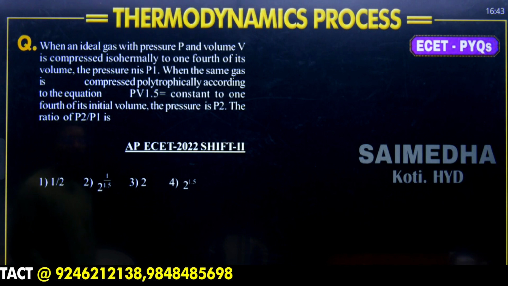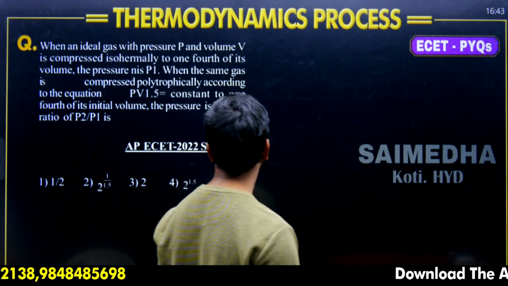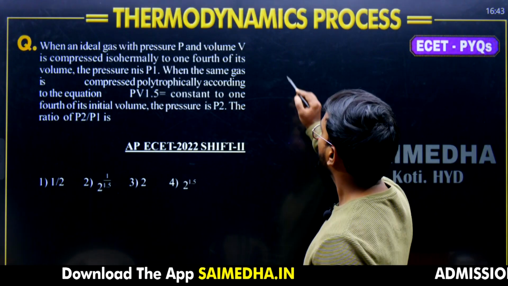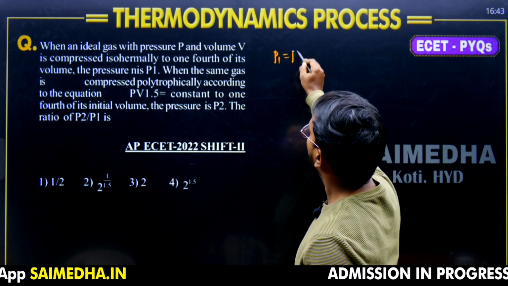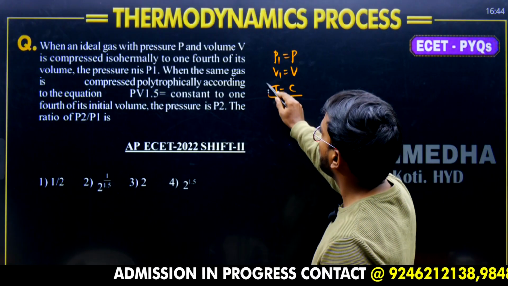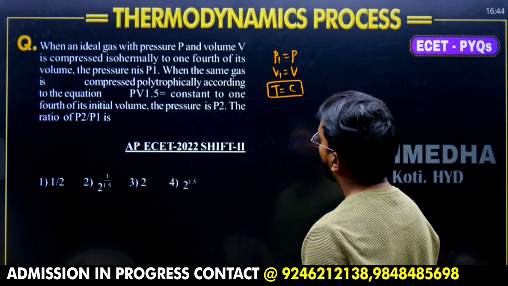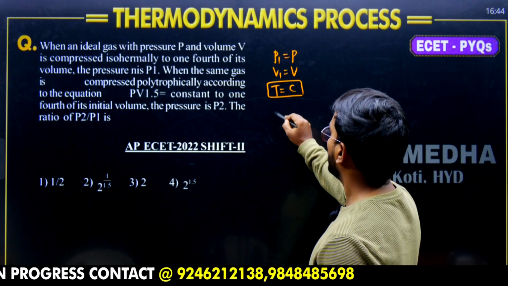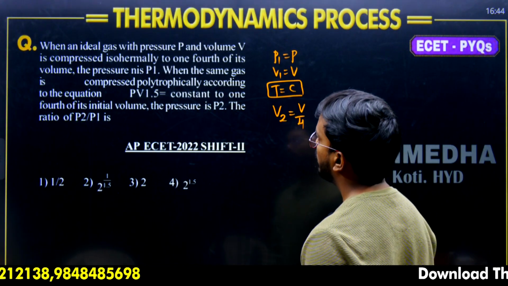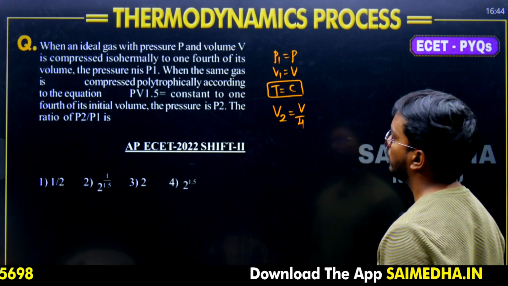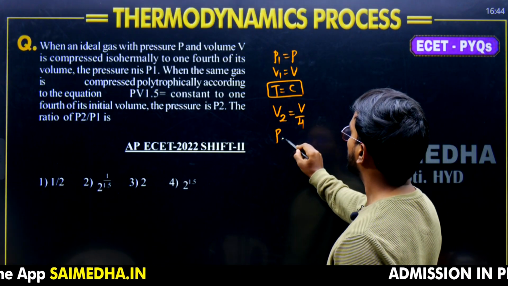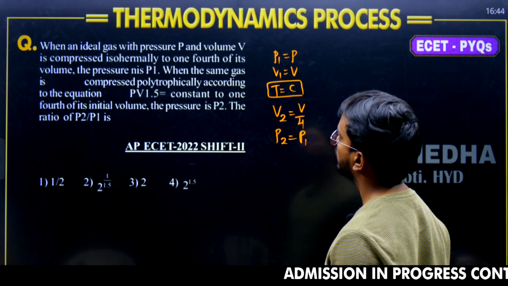The next question given on the board is: when an ideal gas with pressure P, volume V is compressed isothermally to 1/4 of its volume, P1 is equal to P, V1 is equal to V, compressed isothermally, temperature is constant, that is V2 is equal to V divided by 4, and the pressure is P1.